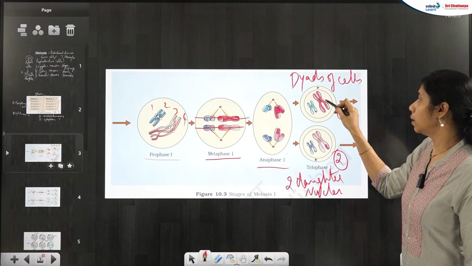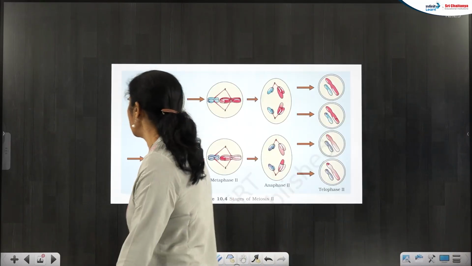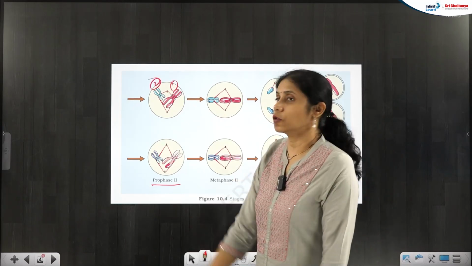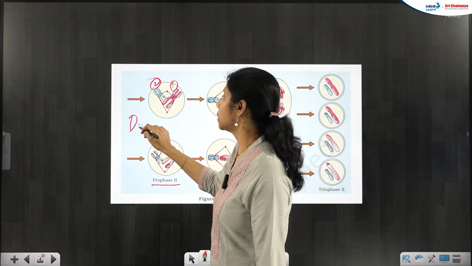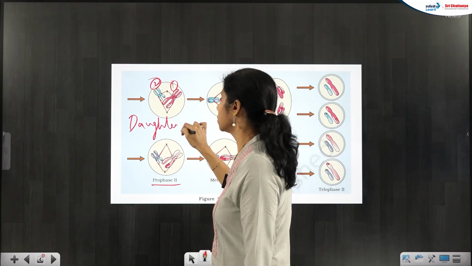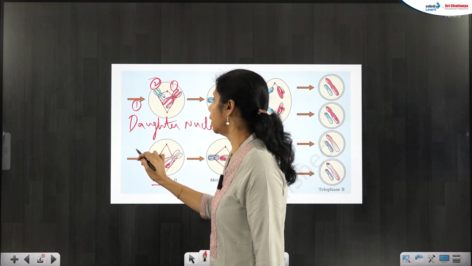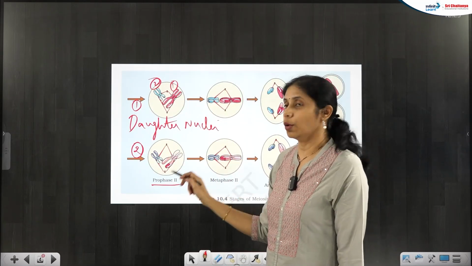We have one red chromosome and one blue chromosome here, and we continue with this. One red and one blue chromosome in one cell. This is one cell, or you can consider this a daughter nucleus.